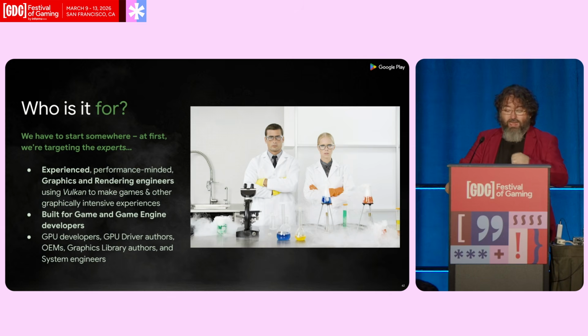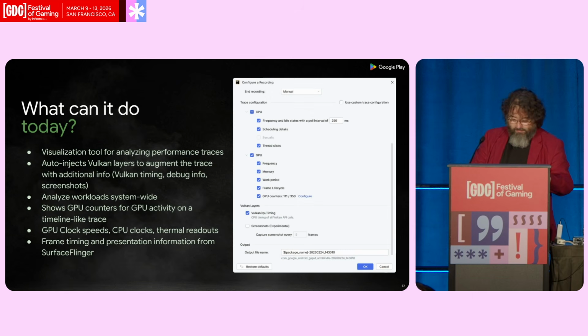It's built for game and game engine developers. And we have a lot of people in our early access program right now who are starting to kick the tires on this from across the games industry. And we're also targeting GPU developers, GPU driver authors, OEMs, and graphics library authors and system engineers. Because if the people building your OS are using our tools to optimize their work, then you can guarantee it's going to be pretty good.